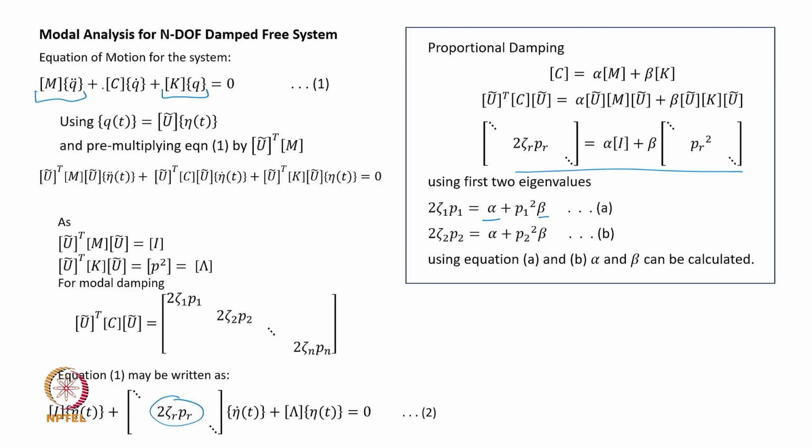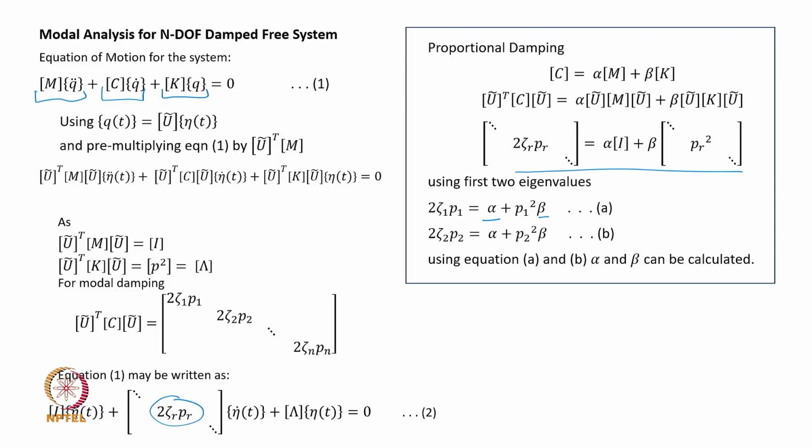And in this particular case, we have seen that although C strictly will not get diagonalized even if you pre and post multiply with the orthonormal modal matrix, as an assumption we treat that as an approximation, and we assume that with that multiplication the diagonal elements can be treated as 2 zeta_r p_r.